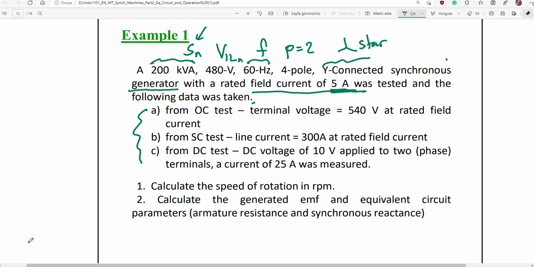Here are the measurements. Okay, from open circuit test, terminal voltage is 540 volts at rated field current. Open circuit terminal voltage.